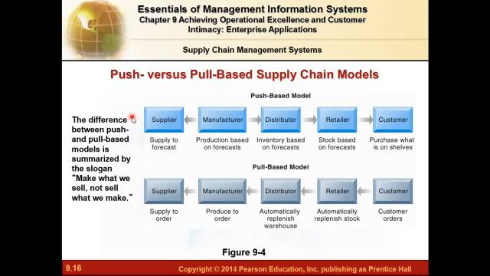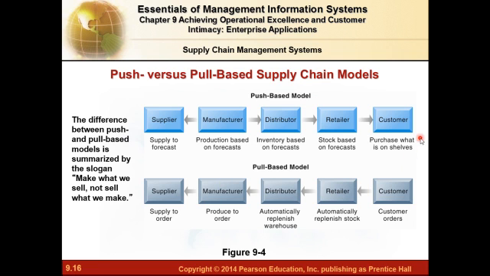How to explain? The difference between push and pull-based models is summarized by the slogan, make what we sell, not sell what we make. Can you understand that? Make what we sell is related to the push-based model.